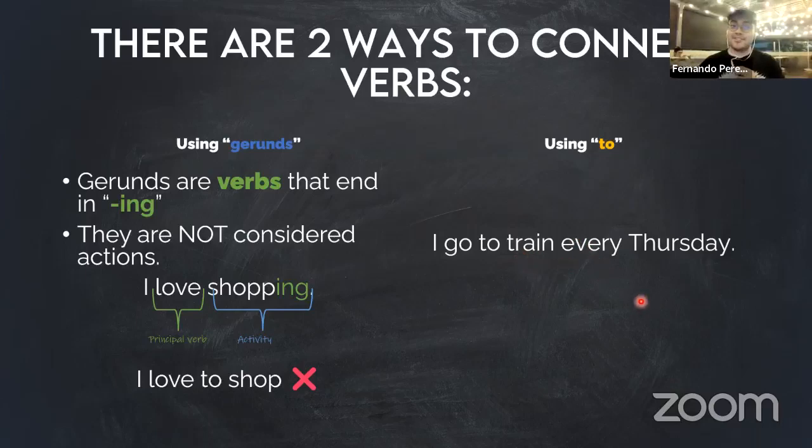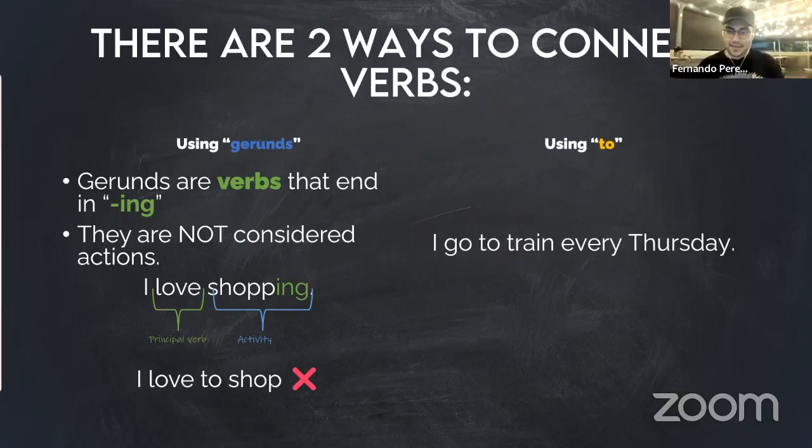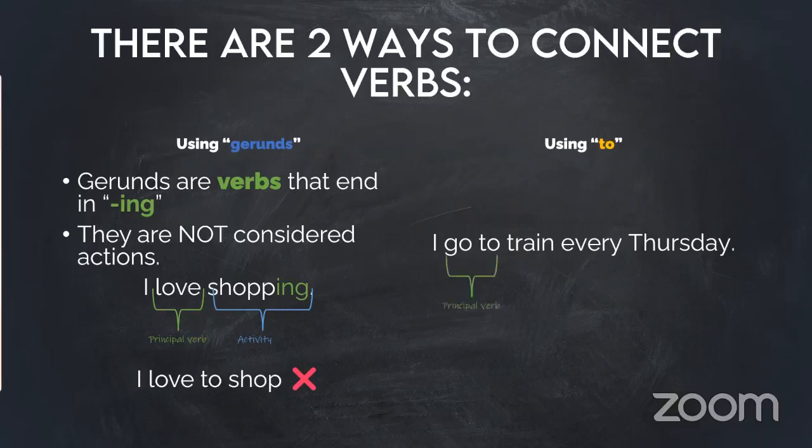Pay attention to the sentence. What is the principal verb in this case? Train, incorrect. The principal is go.